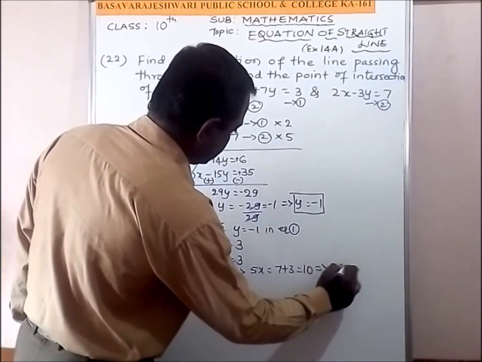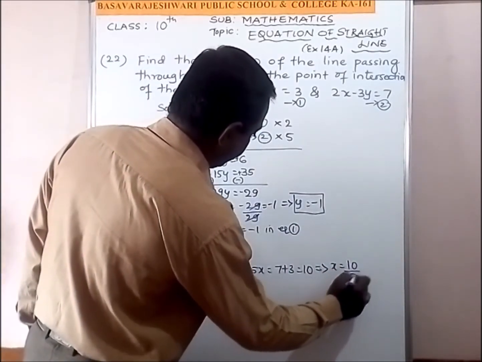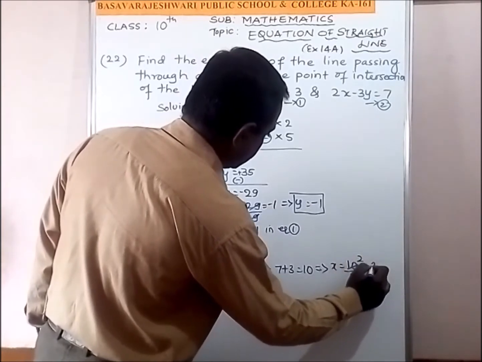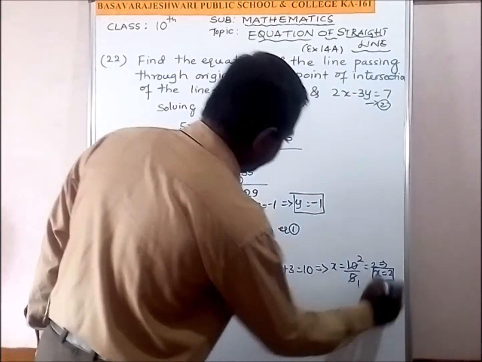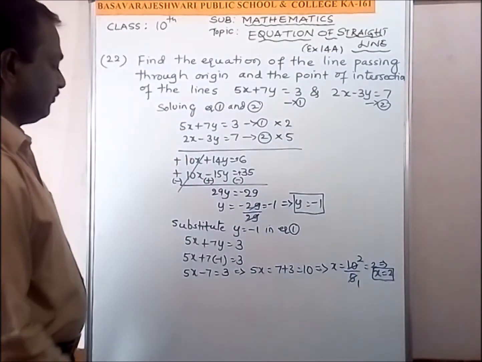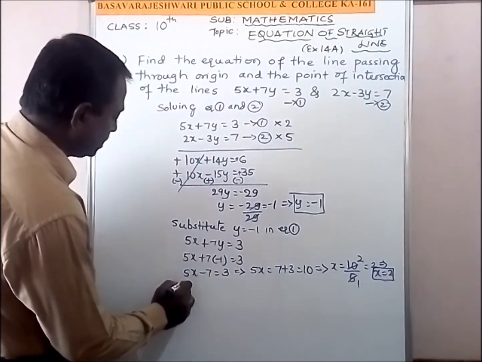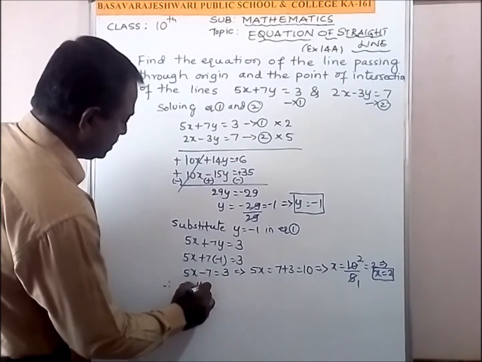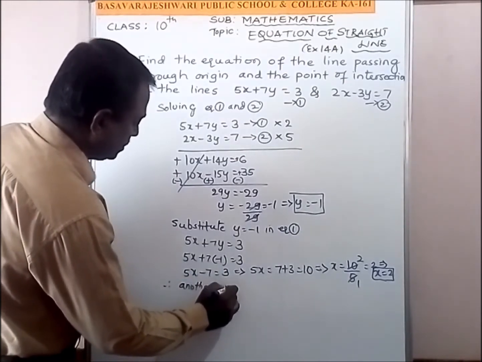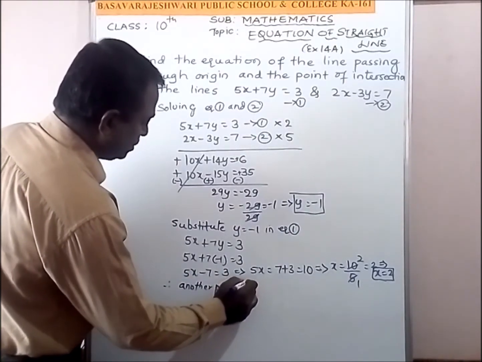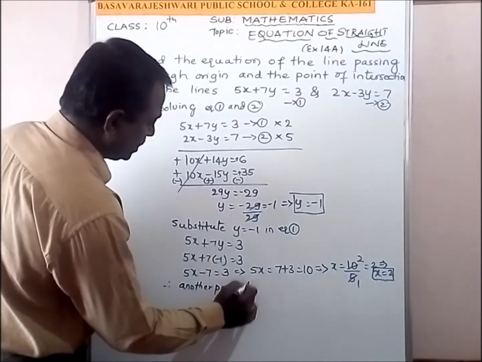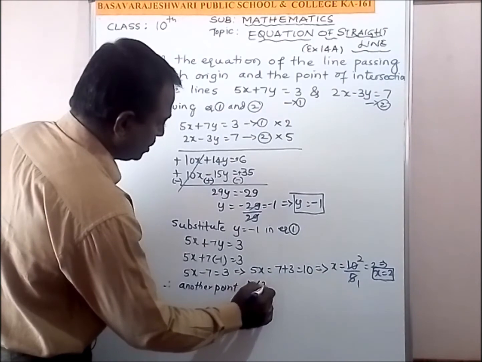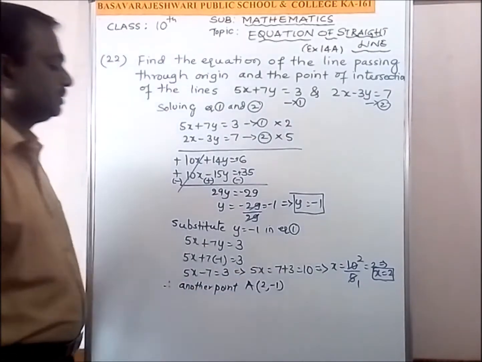This implies x is equal to 10 by 5, that is 2. So therefore, the other point is (2, minus 1).